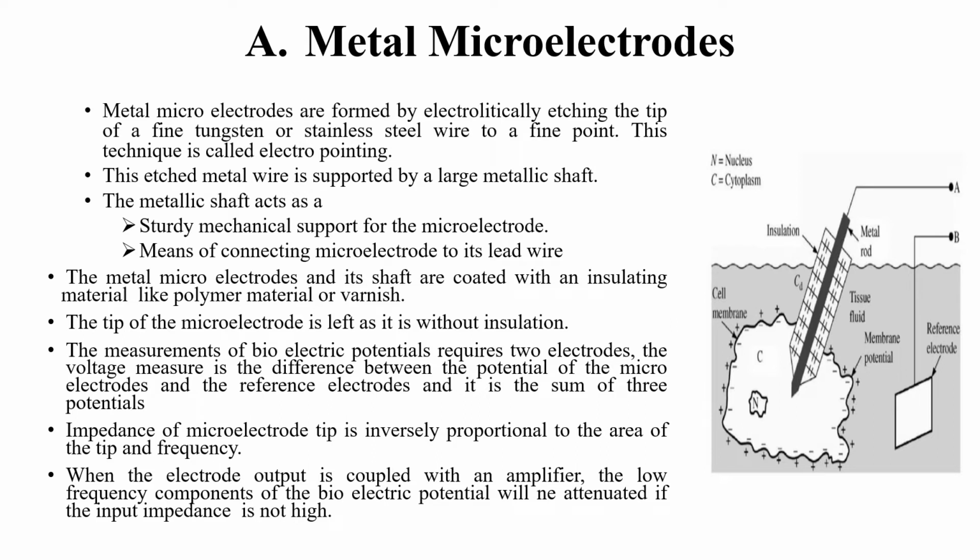When the electrode output is coupled with an amplifier, the low frequency component of the bioelectric potential will be attenuated if the high impedance is not required. We know that attenuation is used to convert the high input impedance to a low input impedance.